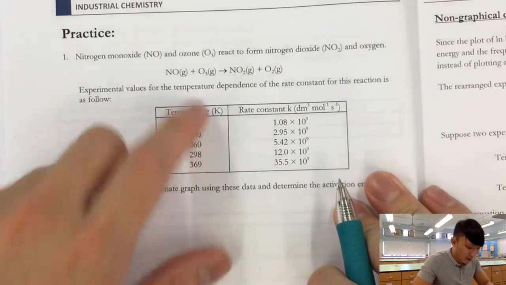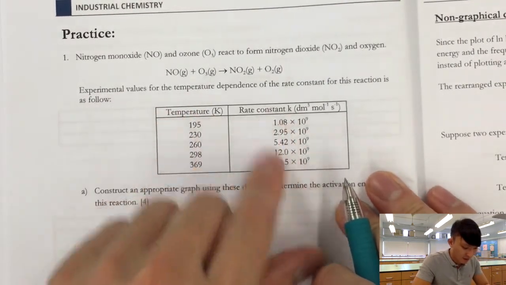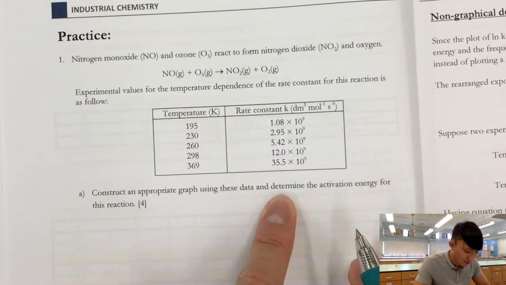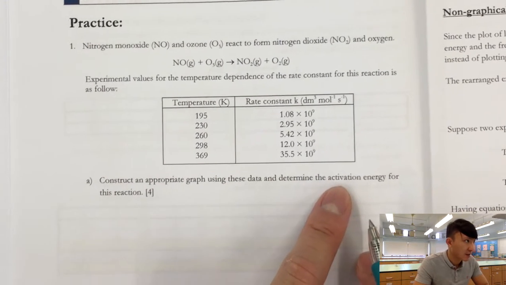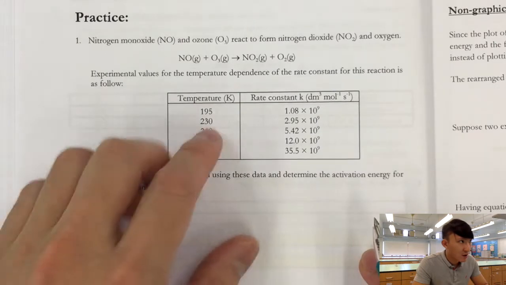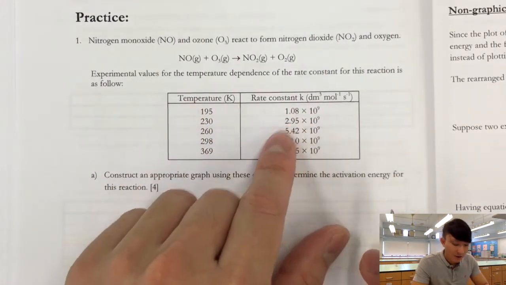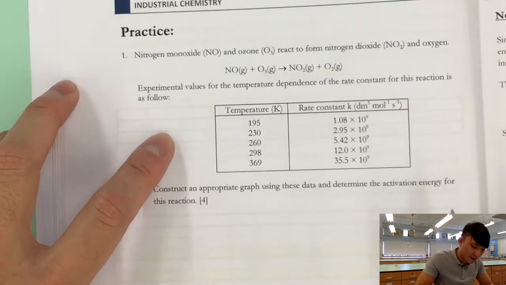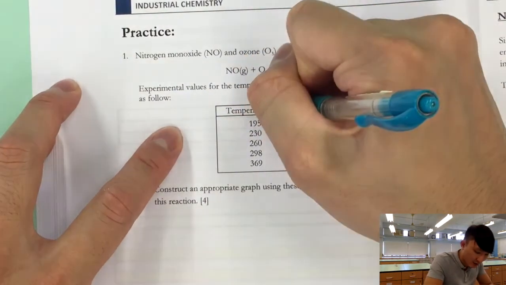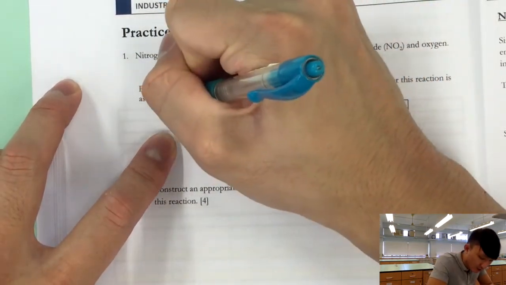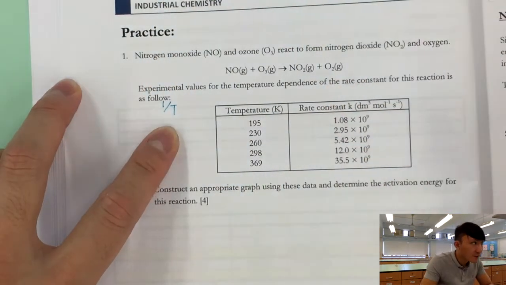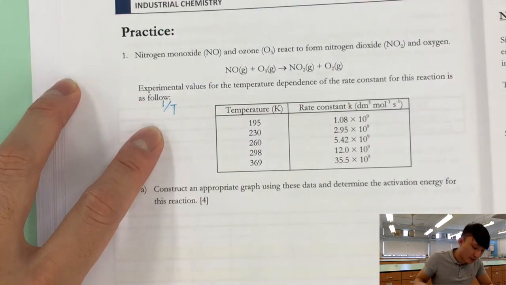Now, basically, you're given some temperature and rate constant. You need to plot a suitable graph to determine the activation energy of this reaction. So all these data must be modified. So I will do it here. So temperature in Kelvin, but what we want is 1 over T. So 1 over T, you do it one by one.